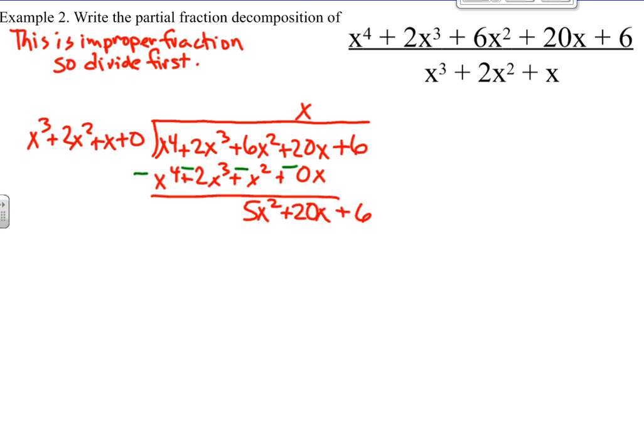And will this x to the 3rd divide into 5x squared anymore? No. So my quotient is x plus this whole thing over that whole thing. So 5x squared plus 20x plus 6 over x to the 3rd plus 2x squared plus x.